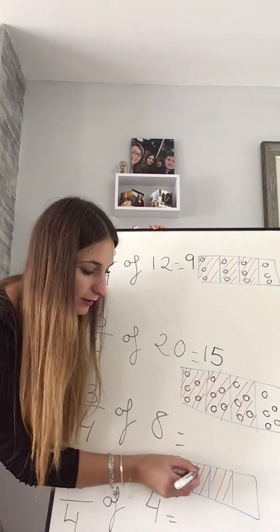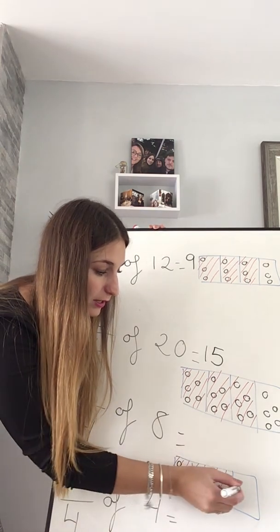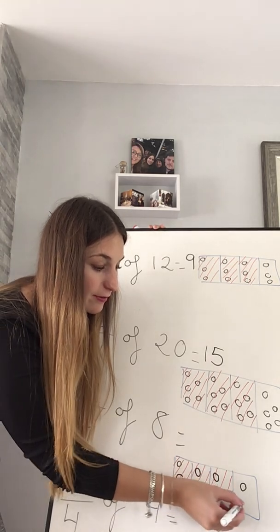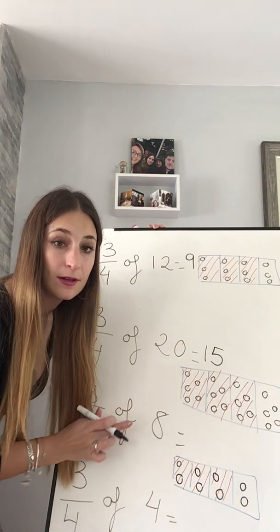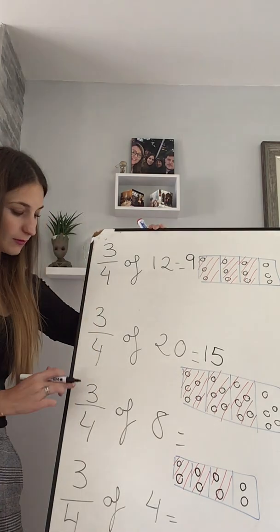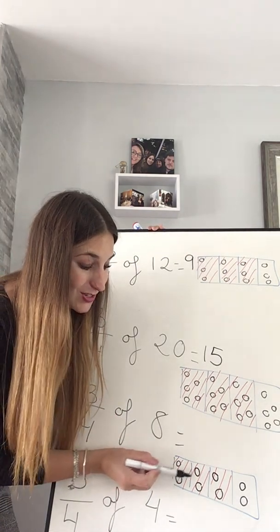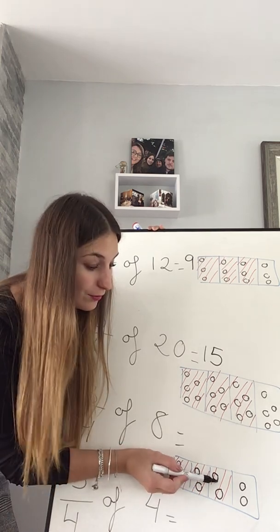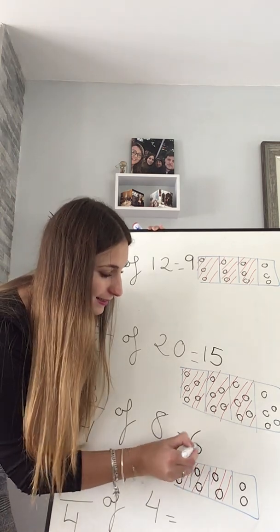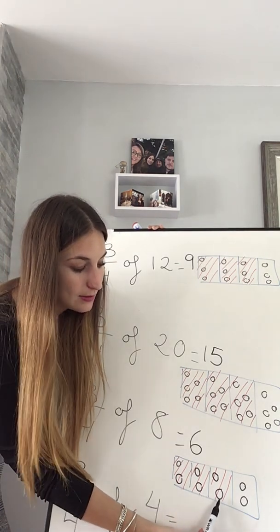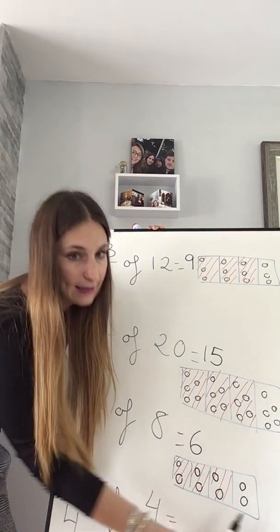Ready? 1, 2, 3, 4, 5, 6, 7, 8. Stop. 8. So 3/4 of 8 is 1, 2, 3, 4, 5, 6. Because 2, 4, 6, and 8.